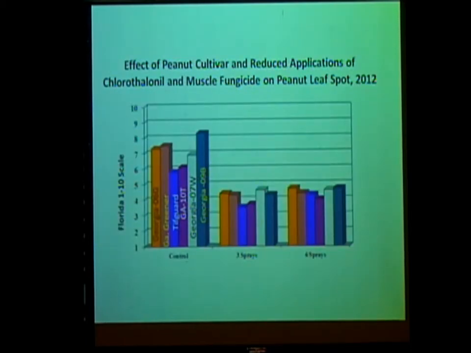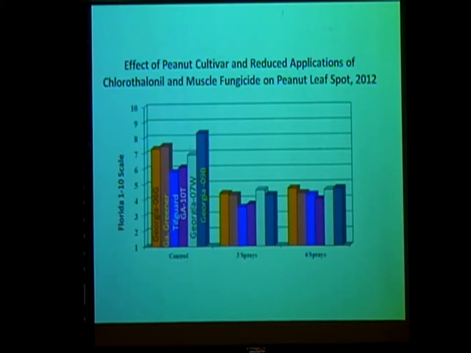And basically, what I wanted to cover here is the relative susceptibility of the varieties. 06G and Georgia Greener, 07W, similar in terms of the end of the season ratings in the completely non-treated controls. 09B, more susceptible than anything else in the test.